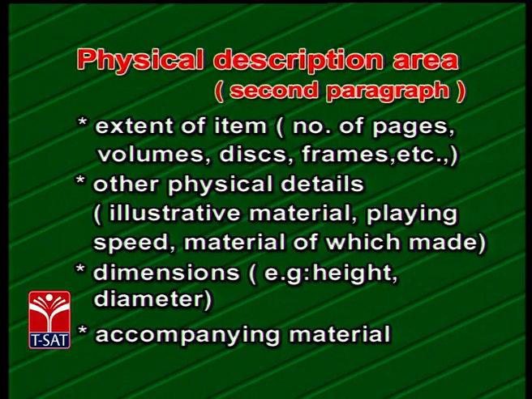Here other physical details means the illustrative details, the playing speed and also the material of which it is made; such kind of details will be given here. And after that the details about the dimensions. Dimensions means details such as height and diameter will be given. And the fourth element is the accompanying material. Accompanying material means if there are any materials accompanying the main document, the details about such accompanying materials will be given here.